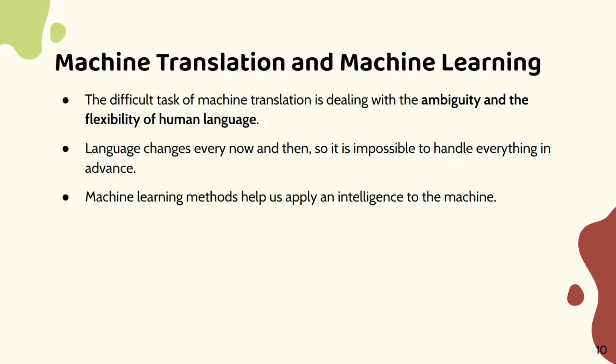So we need to put the intelligence to the machine so that it can learn and find a solution of the problem by itself, like what us the human can do. And machine learning is exactly about that, about how we can put the intelligence to the machine. This is the reason why machine learning plays an important role in many machine translation approaches, and I will talk about those approaches soon in the later section.